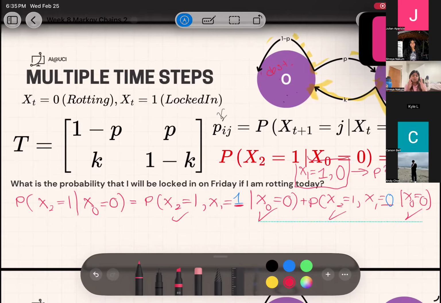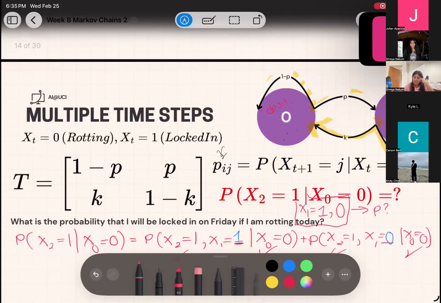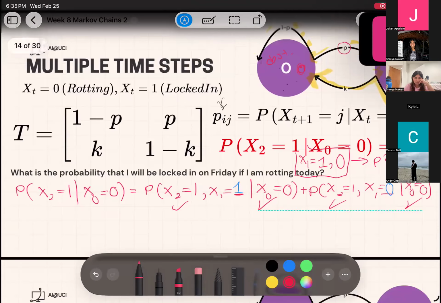Thursday will determine what happens, so we have two different probabilities. If we are here on Thursday, then the probability that we're going to be locked in tomorrow is 1 minus k. Versus if we are here on Thursday, the probability we will be locked in on Friday is p. It's two different numbers. That's what we have to do. Does this equation make sense to everyone?